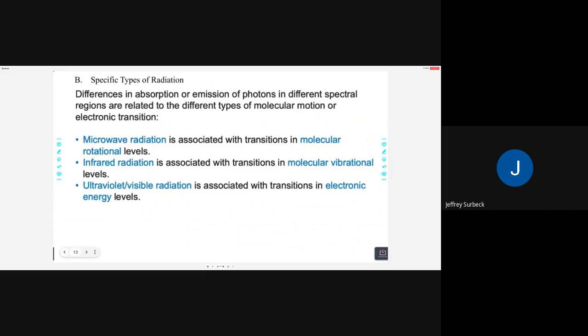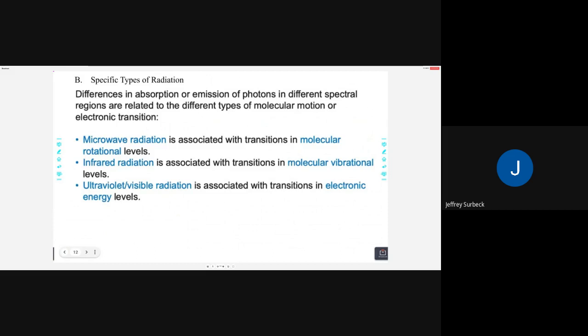This is kind of an extension of that. Based on the type of radiation, there's an energy associated with it, which means there is a type of movement that can be associated with it at that particle level, at that atomic level, and even the subatomic level.